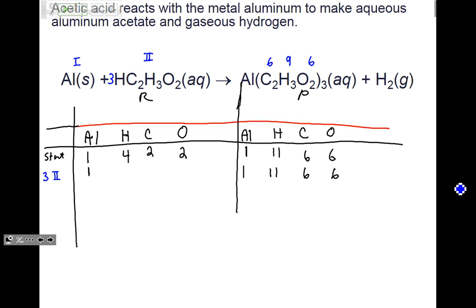That's pretty easy. 3 times 2, that's 6. Oxygen, 3 times 2, that's 6. Hydrogen, 3 times 1, we have 3. And then 3 times 3 is 9. So that gives me 12.